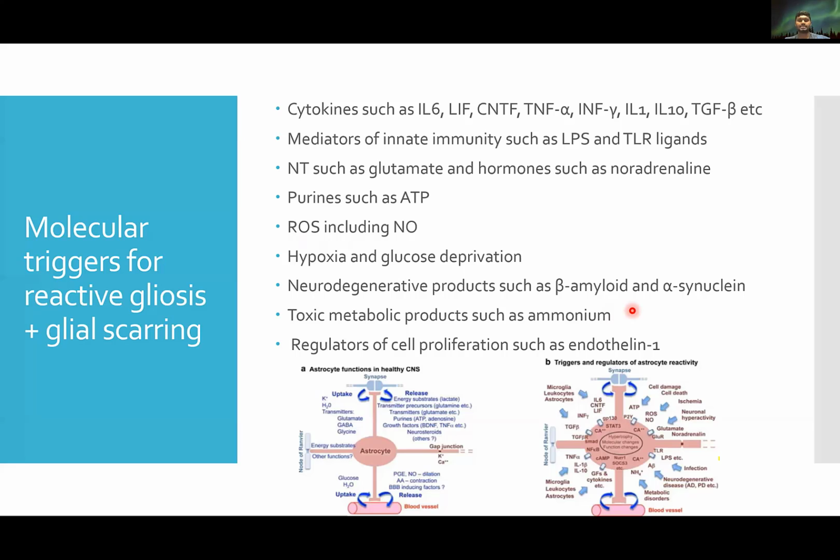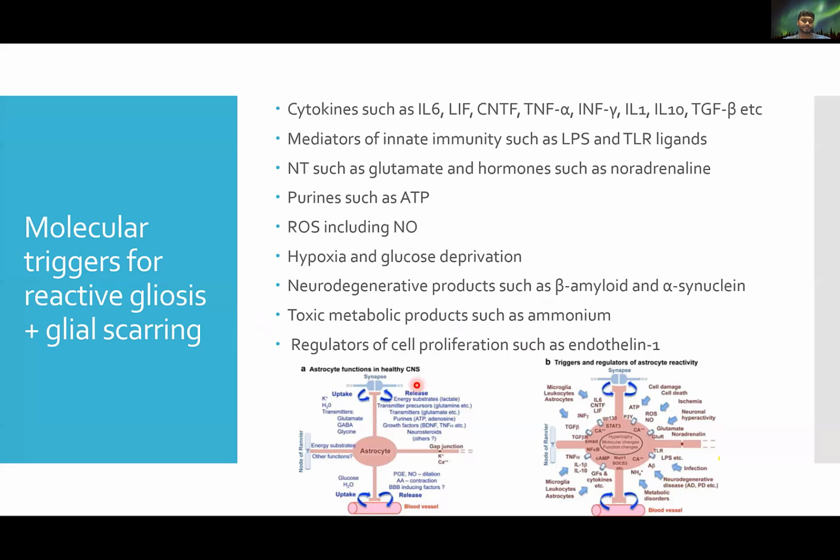When the astrocyte cycles glutamate to glutamine, glutamine shuttles back to the neuron, and then a deaminase reaction will convert glutamine to glutamate and have a byproduct of ammonium. And this ammonium is extremely toxic to the whole body and will eventually be secreted by the kidneys. But if there's an issue, then this toxic metabolite will be present in the CNS. And also regulators of cell proliferation, such as endothelin-1.